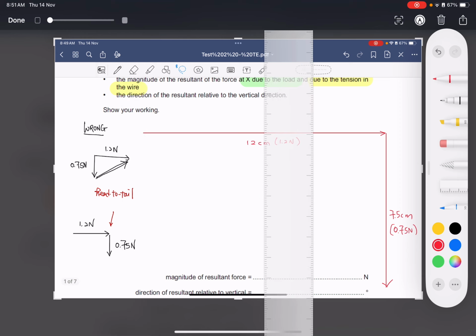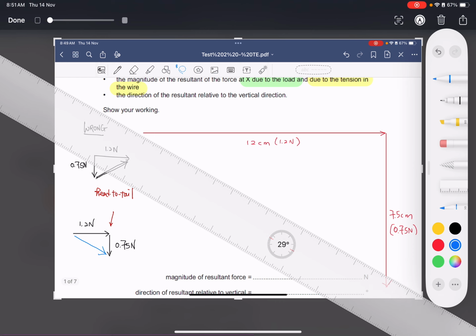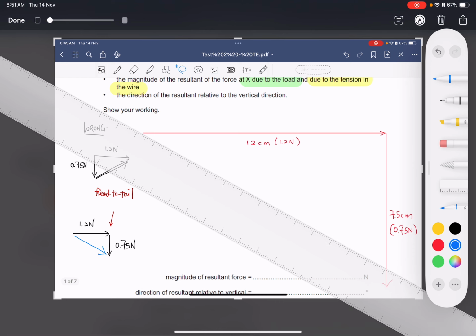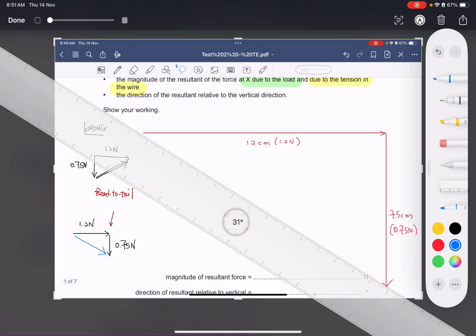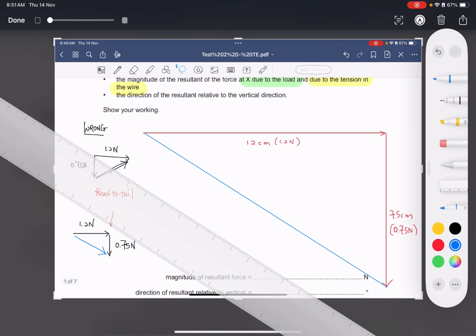Then the resultant will be here. So I use my ruler, and then I draw it out. Using a ruler, you have 14.1 cm.